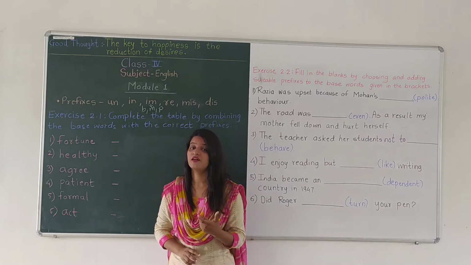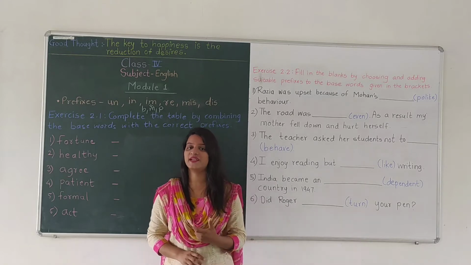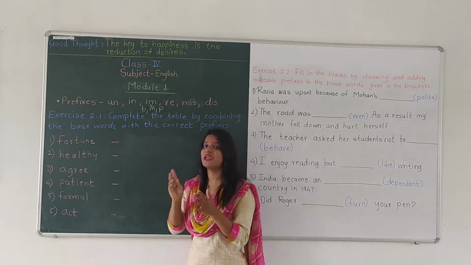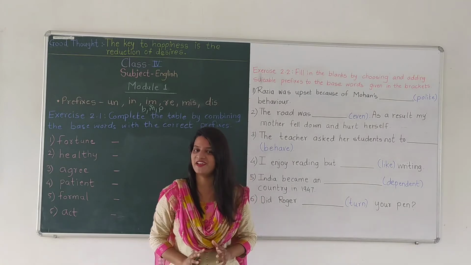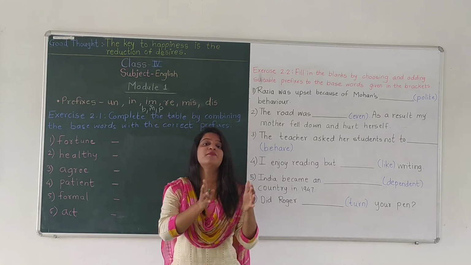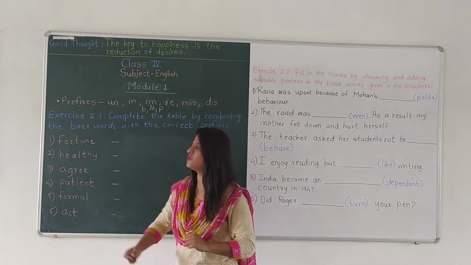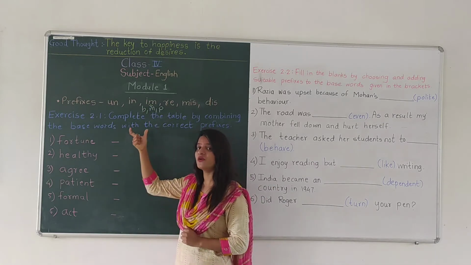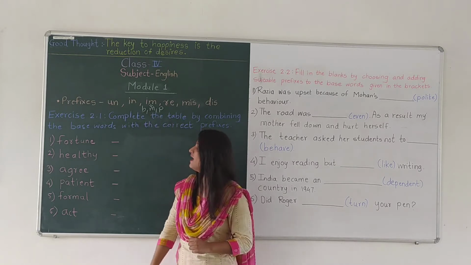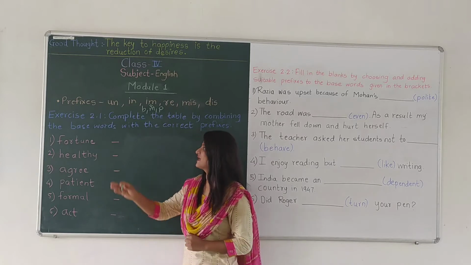Sometimes a word can start with the letter B, M or P, but the prefix in will not be valid there. So it is not in all the cases. But in most of the cases, we can use in for the words that start with B, M and P. Now let us begin with the exercise.